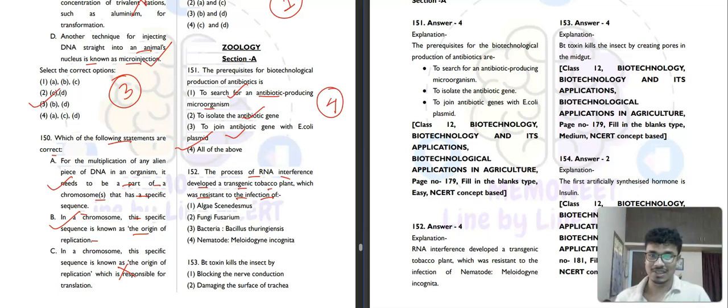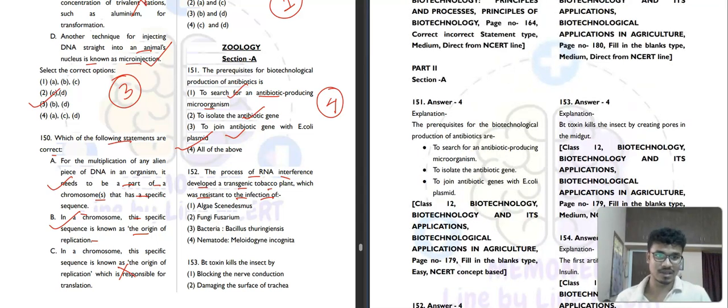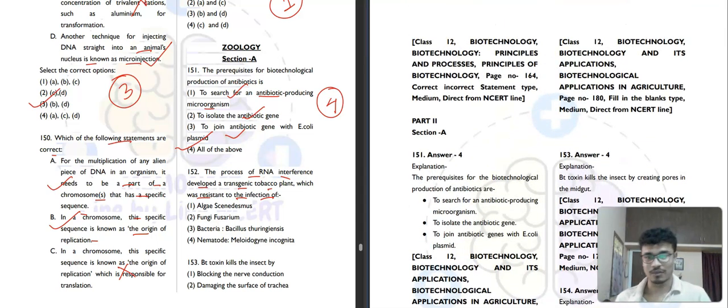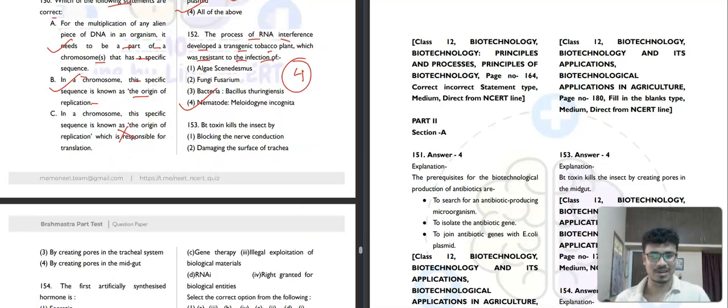Okay, so I think this is given in NCERT. If this is given in NCERT, then you have to study. I forgot that. Oh yeah, this is given in NCERT. The fourth option will be our correct answer. Meloidogyne incognita, nematode is given actually. The name is maybe not given in the new NCERTs.